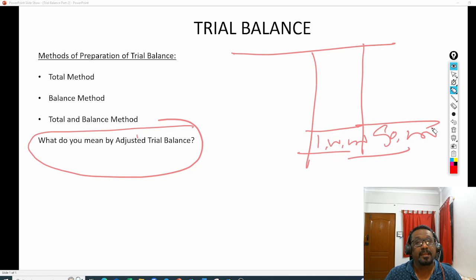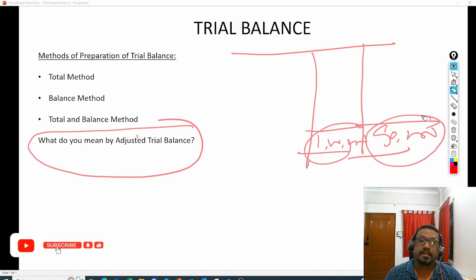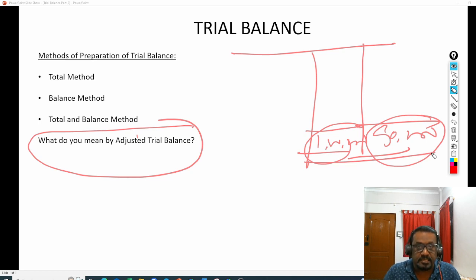No. Why? The debit total is not matching with the credit total. So we can conclude that this trial balance doesn't have arithmetical accuracy. There is a difference between debit total and credit total.